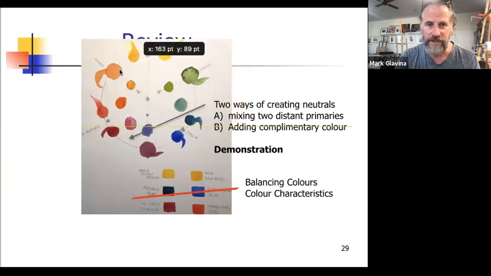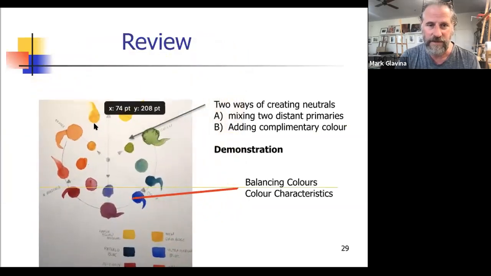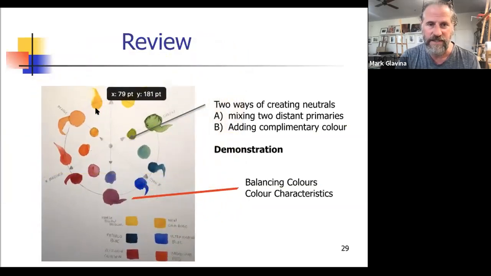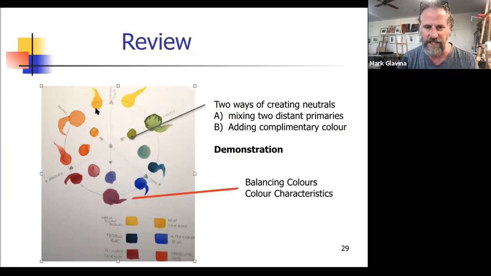Okay, so this was some of our homework from last week, the color wheel. I feel like it's so important. Most everybody calls it a color wheel, and I've been training myself to call it a color compass. Some of you may have caught me out last week using both.